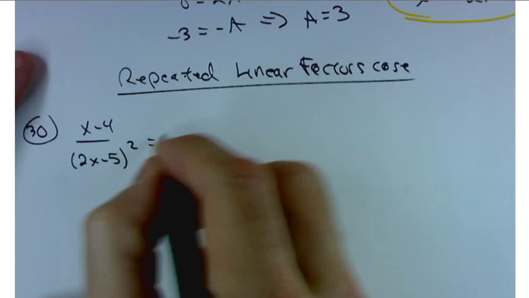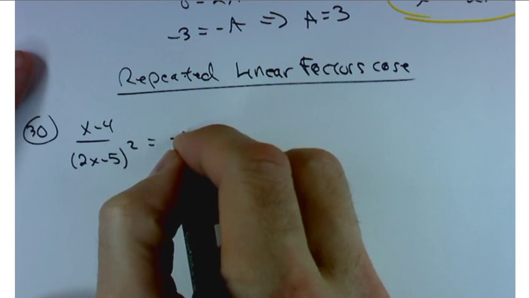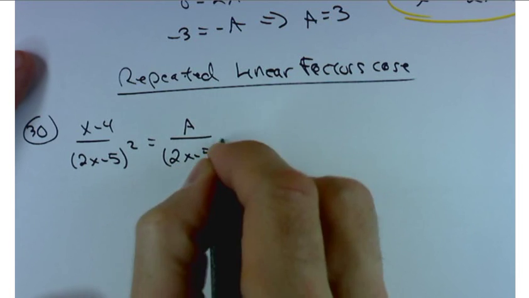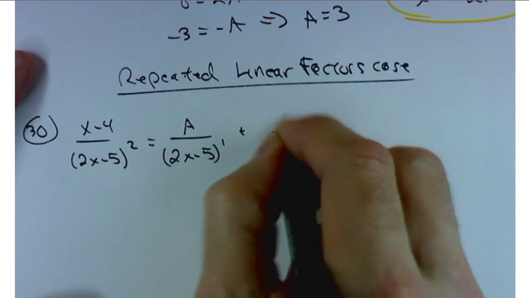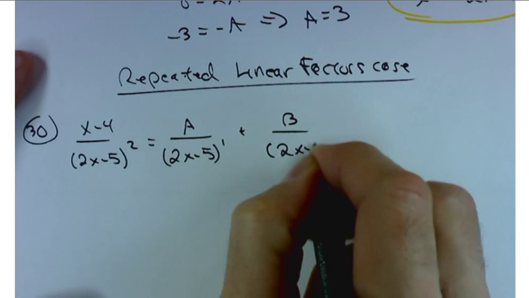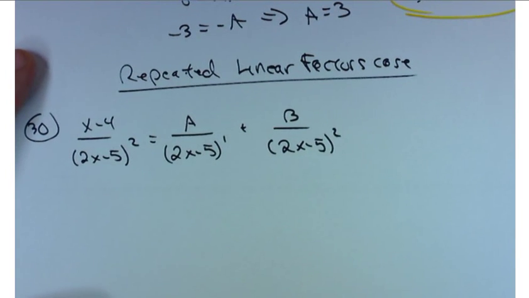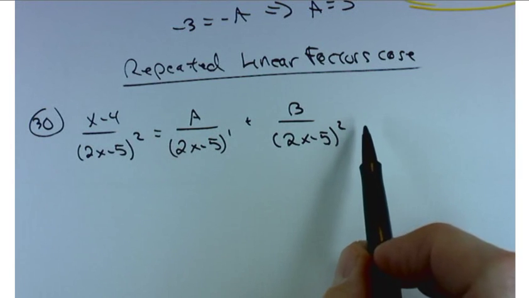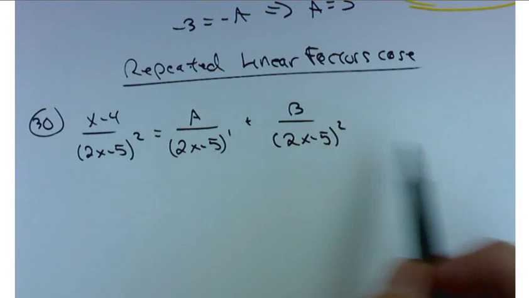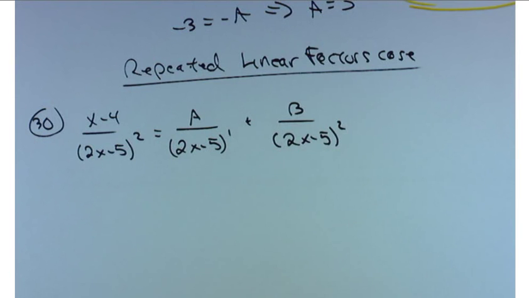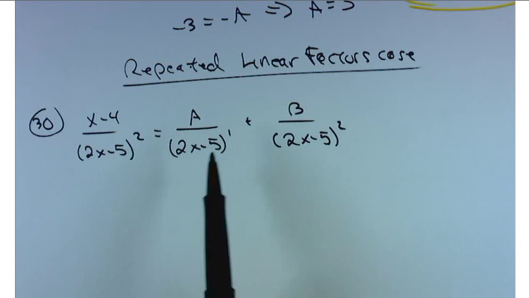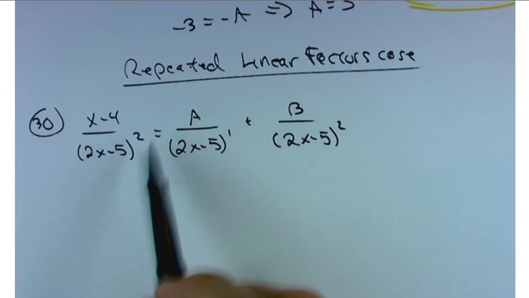And the way the setup on this kind of thing works is we'll do A over 2x minus 5 to the first power, and then B over 2x minus 5 to the second power. Now, had this been a third power, then I would have had another term plus C over 2x minus 5 to the third power, and so on. However high this is, you're going to have terms on the right-hand side of this decomposition starting with 1, 2, 3, all the way up to whatever this is.